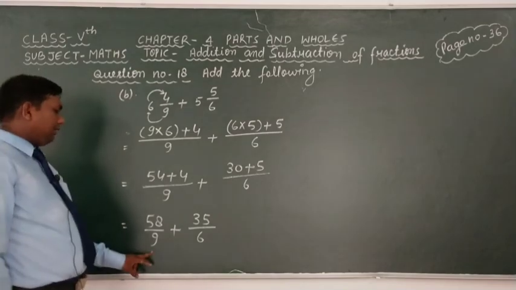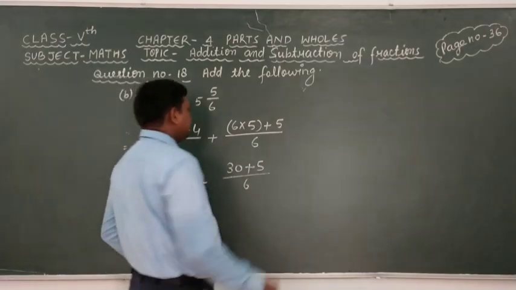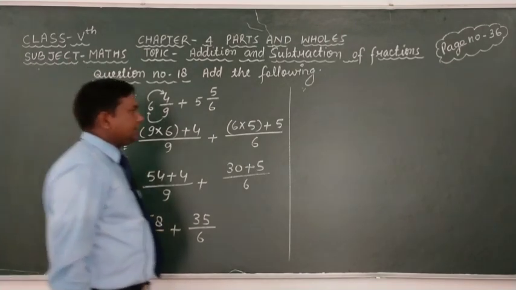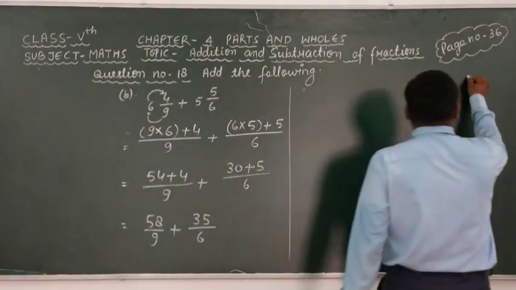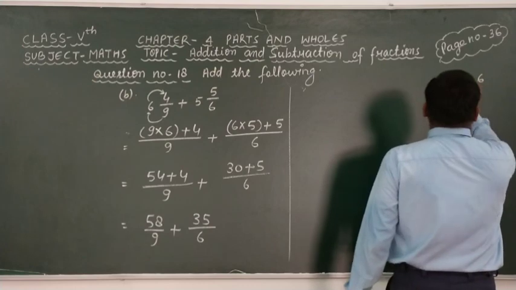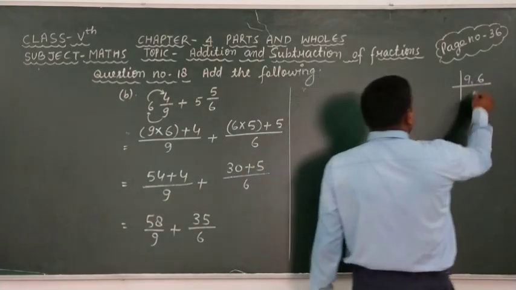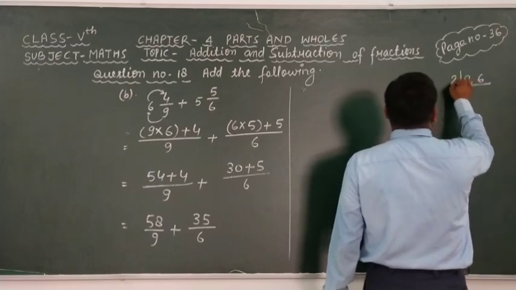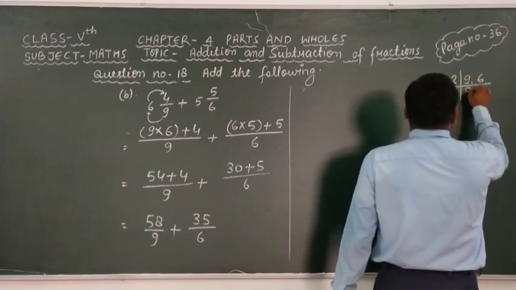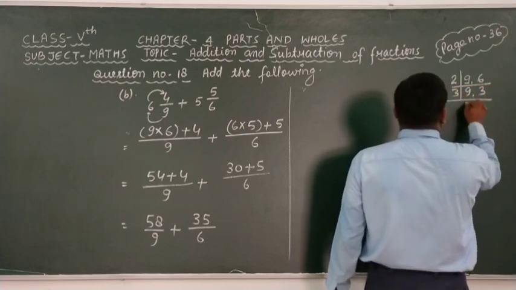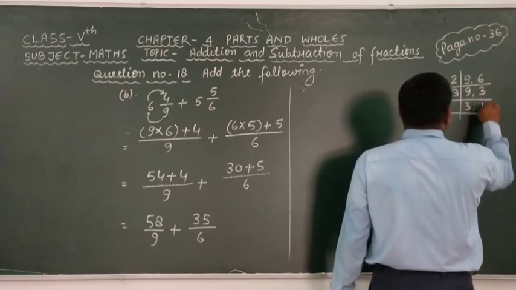Look here carefully. 9 and 6 are not the same, therefore we take the LCM of 9 and 6. We know that 9 is not divisible by 2, but 6 is divisible by 2, therefore we take 2. Here we write 9 as the same. 2 threes are 6, 3 threes are 9, and 3 ones are 3.